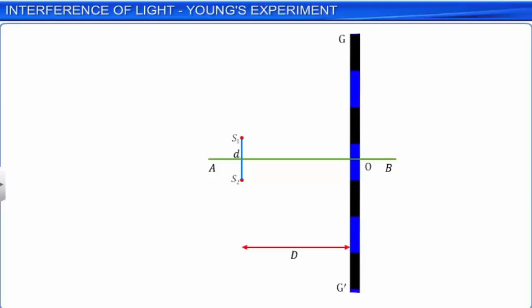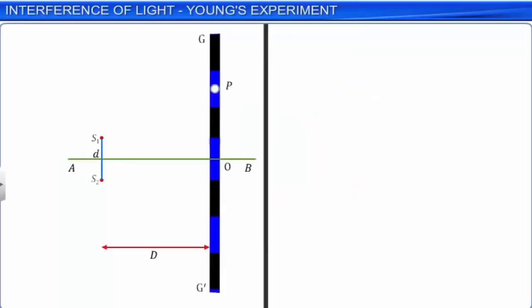We shall now consider an arbitrary point P on the screen along a line perpendicular to AB and passing through O. Let the distance OP be x. Light from the two sources S1 and S2 covers a distance of S1P and S2P respectively to reach the point P.